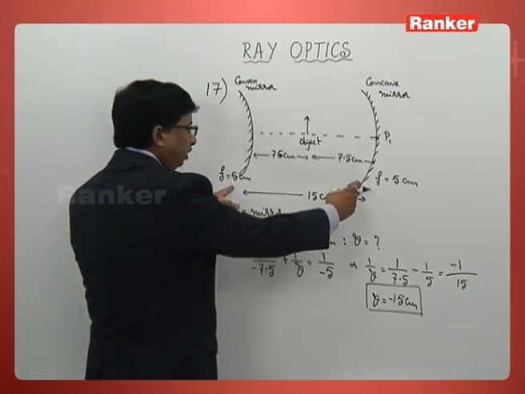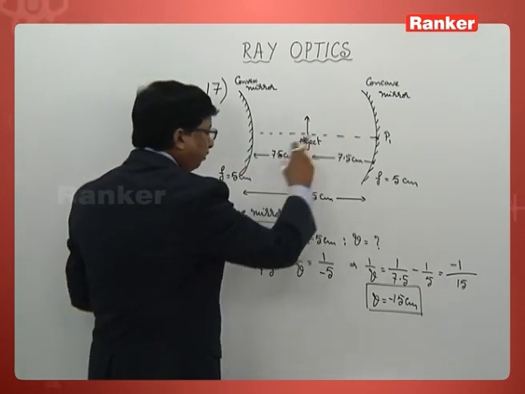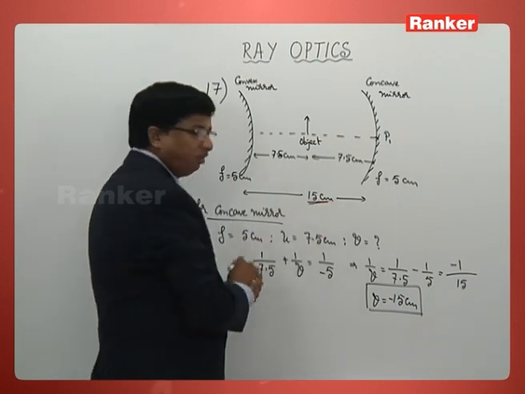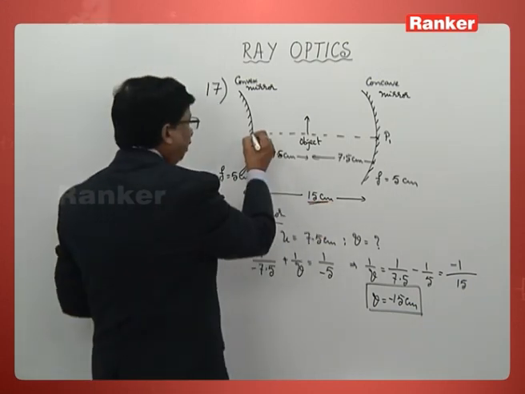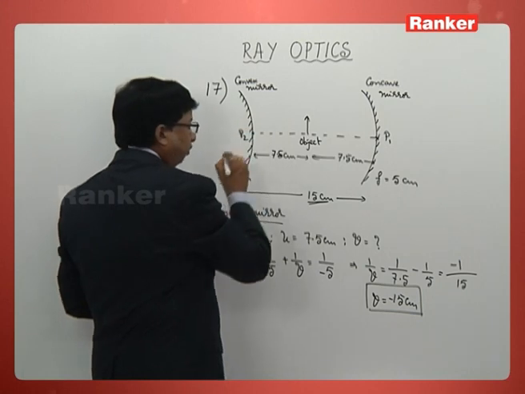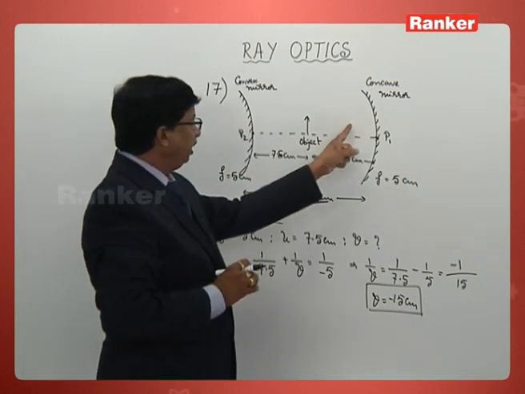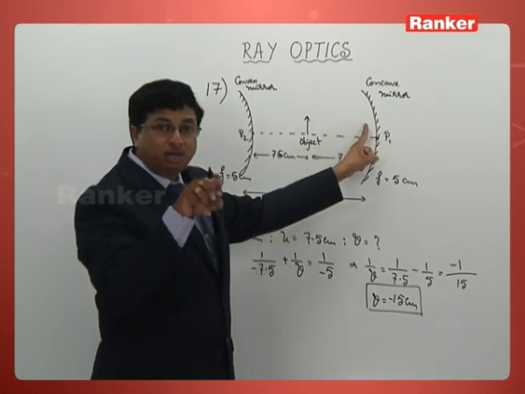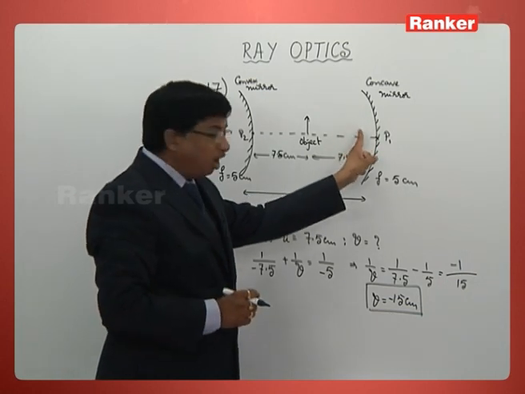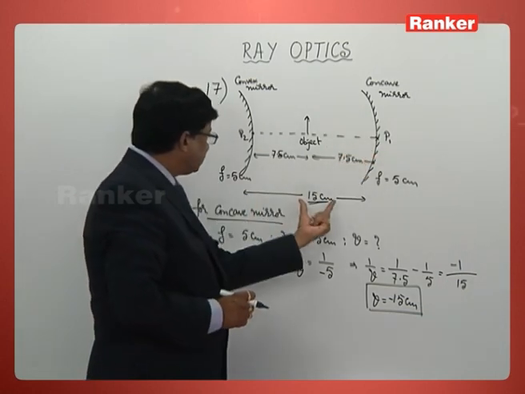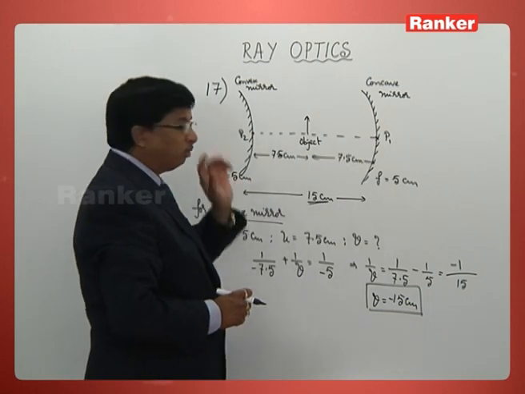But already you have been given here, distance between the mirrors also is 15. Then where are you finding the image formed over here? The image due to this concave mirror is formed at a distance of 15 centimeter from its pole.